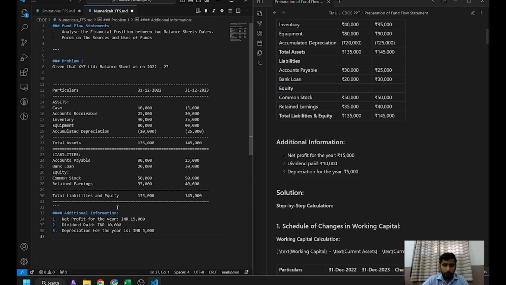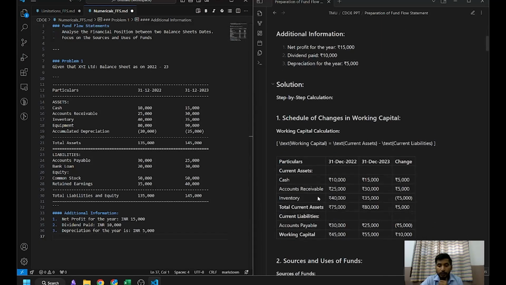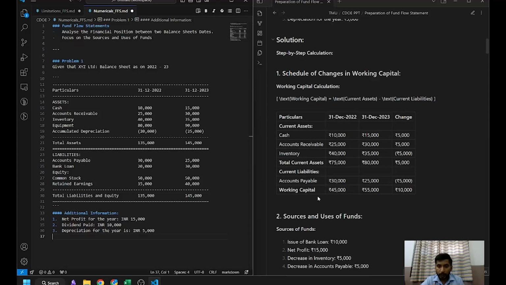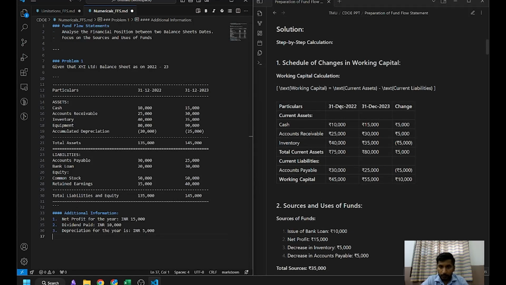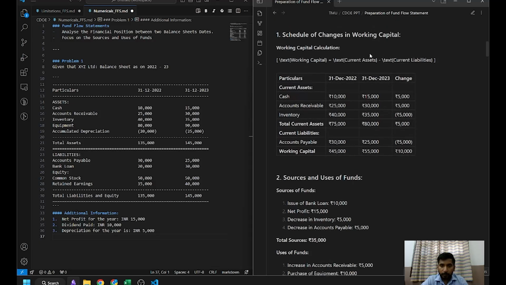Now let us just solve it. First of all, we will calculate the changes in the working capital.